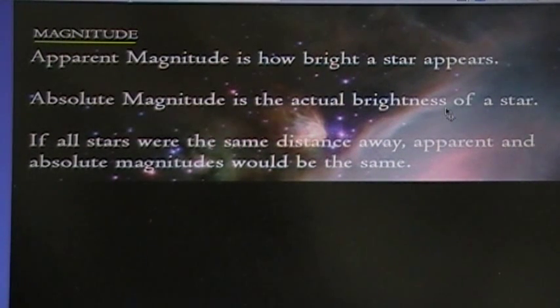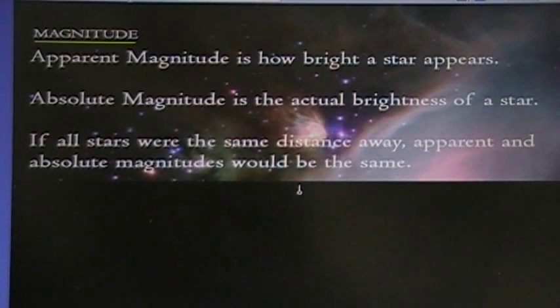Our sun is a medium mass star, so therefore it's not really as bright as many of the others that are out there in space. But the interesting thing about it is, because it's closer to us, we feel that it is very, very bright, and we can't really understand how another star could be brighter. But when you take into account distance, you can start realizing that that's the truth.